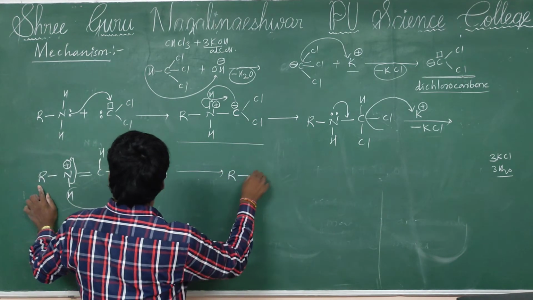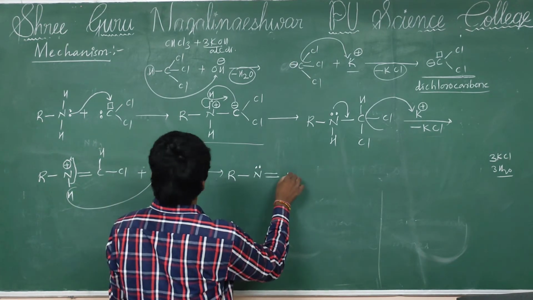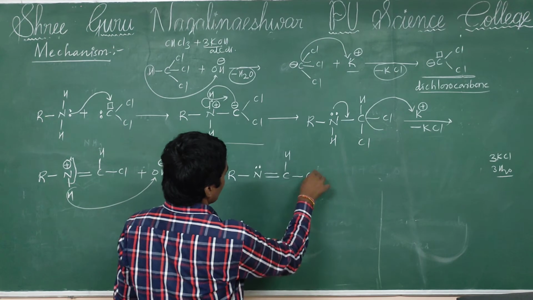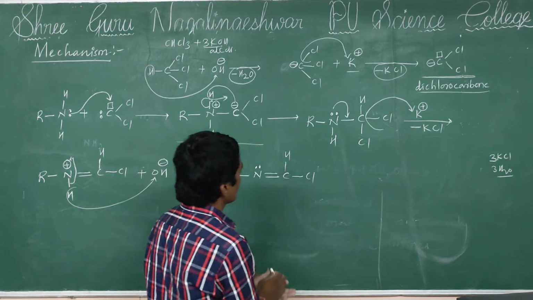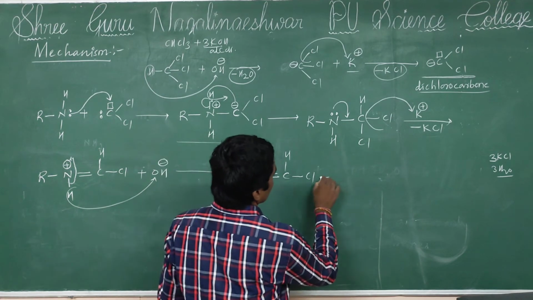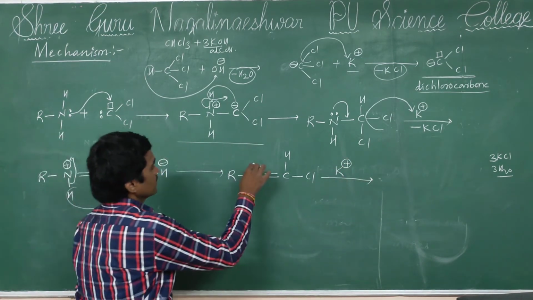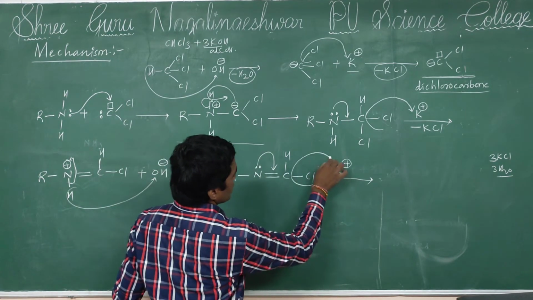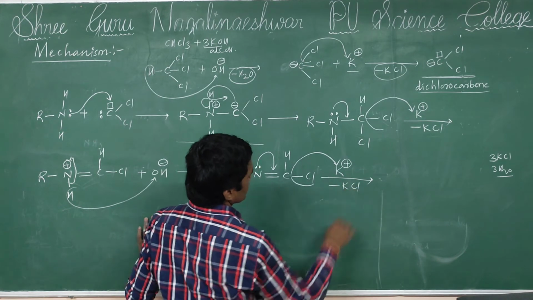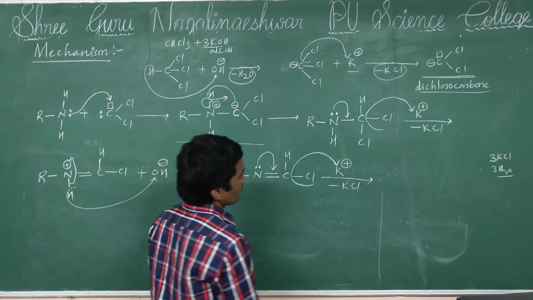Then again this chloride is attracted by potassium, and KCl is eliminated.